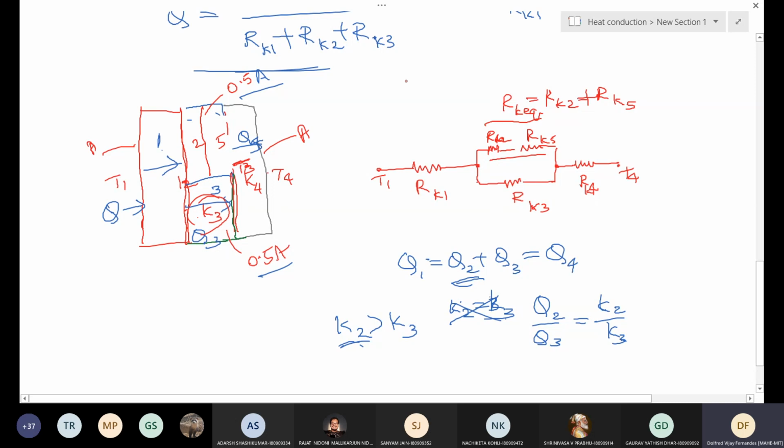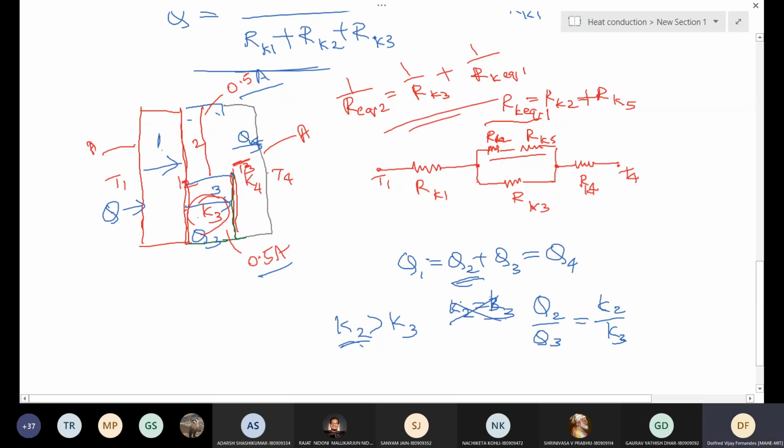How do you do that? I'll write RK equivalent 2. 1 by RK equivalent 2 equals 1 by RK3 plus 1 by RK equivalent 1. See, this problem becomes more complex.